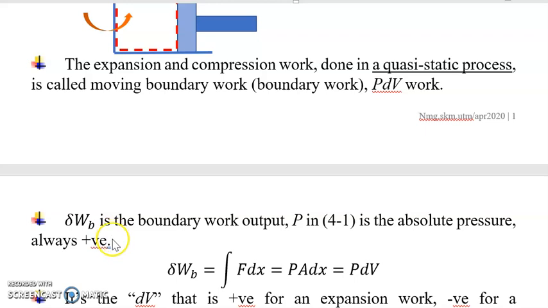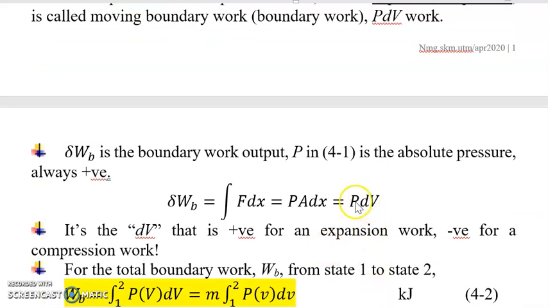So the boundary work is the work output. Now, P is the absolute pressure, always positive. It is the dV that is positive for an expansion work because the final volume is greater than the initial volume, and negative for a compression work.